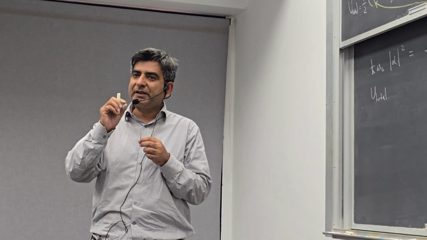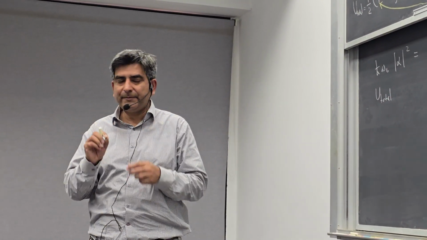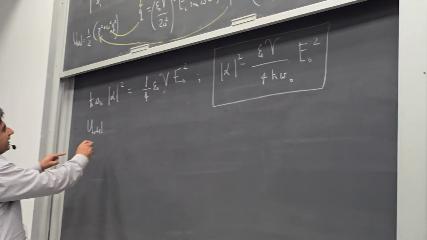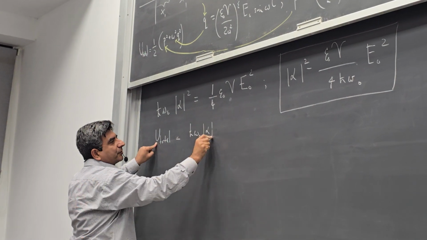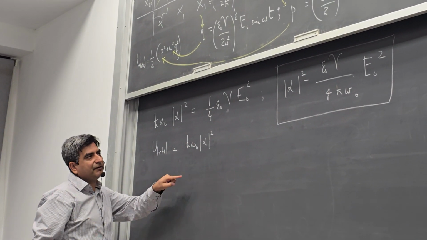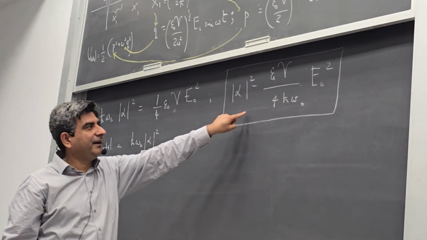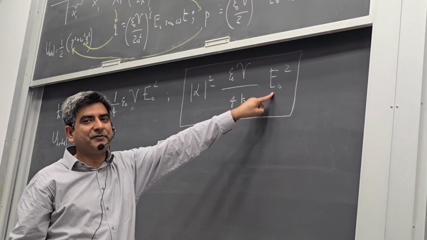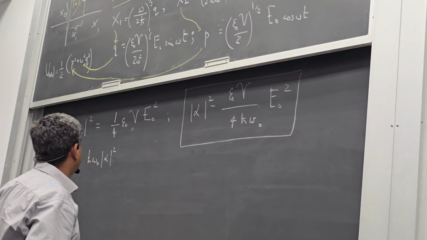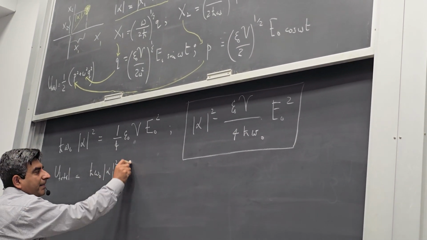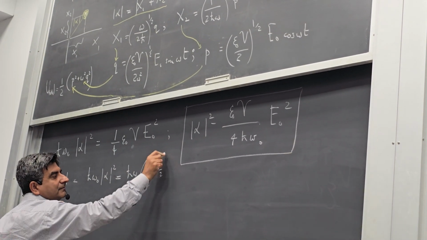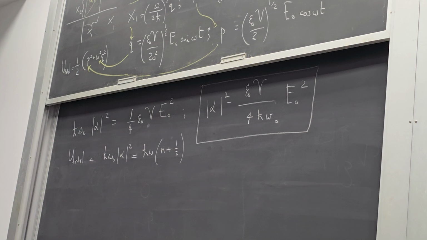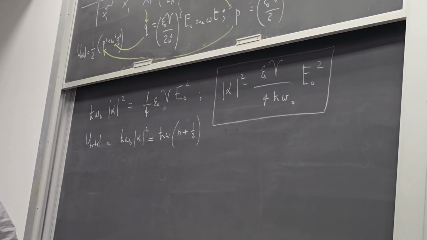And remember, we are assuming a single mode field. Okay? So we do know that the total energy, which is given by h bar omega naught alpha mod square, when alpha mod square is given by this, it depends upon the electric field squared. This must equal h bar omega times n plus half. Correct? Where n is the number of photons in the system.